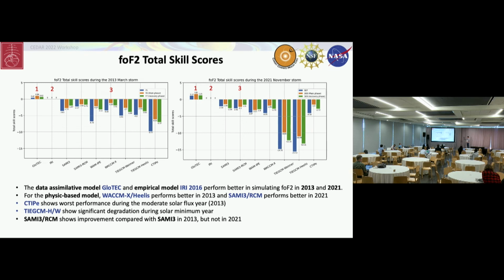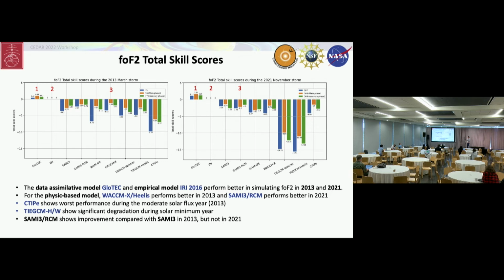And also we calculate the skill score again, and you can see the top 1 and top 2 are IRI and GROTEC, and IRI again. For the physics-based models, we think that the Wacom X performs better in 2016, and the symmetry RCM performs better in 2021.